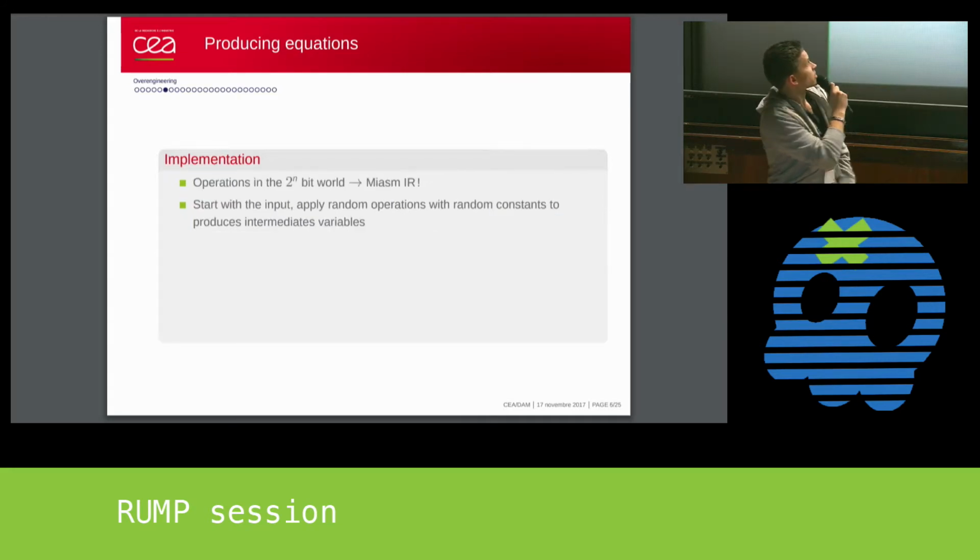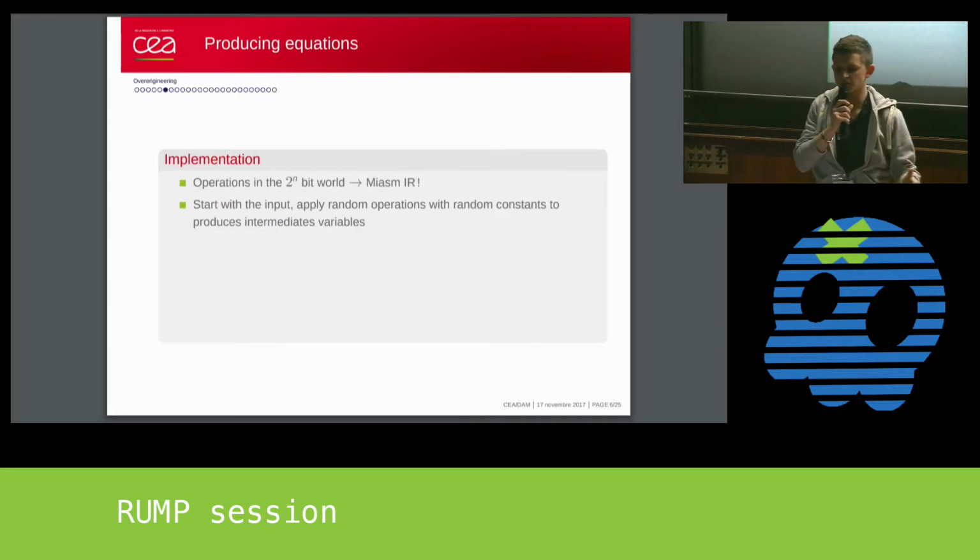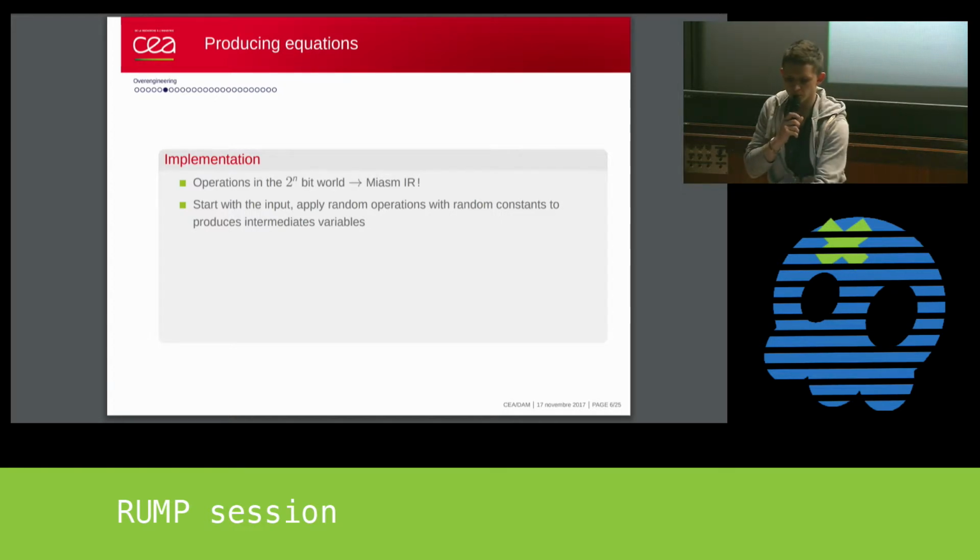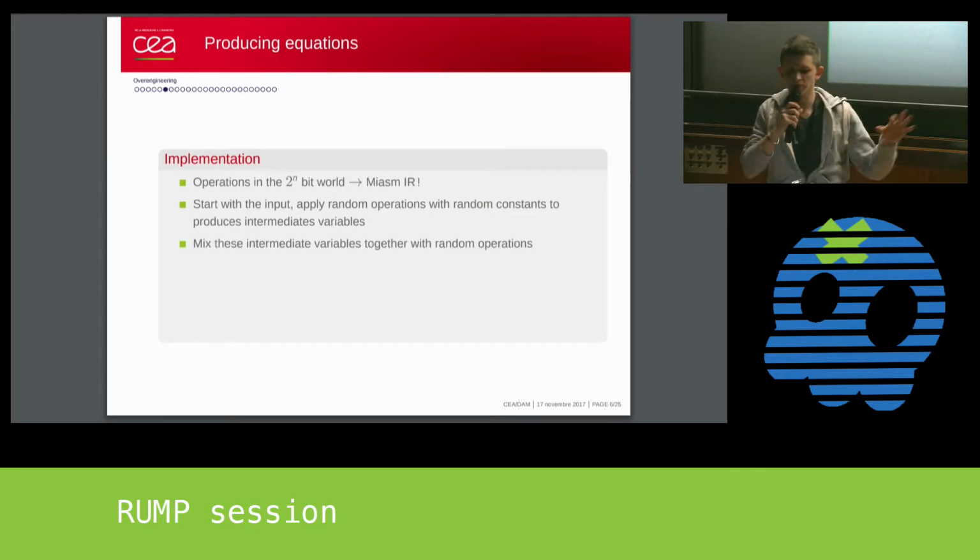The implementation is based on Miasm, because we are doing operations in the bit vector world, so you can use the IR of Miasm that Adrien introduced. We start with the input, apply random operations with random constants to produce intermediate variables. Then we mix these variables, also with random operations.